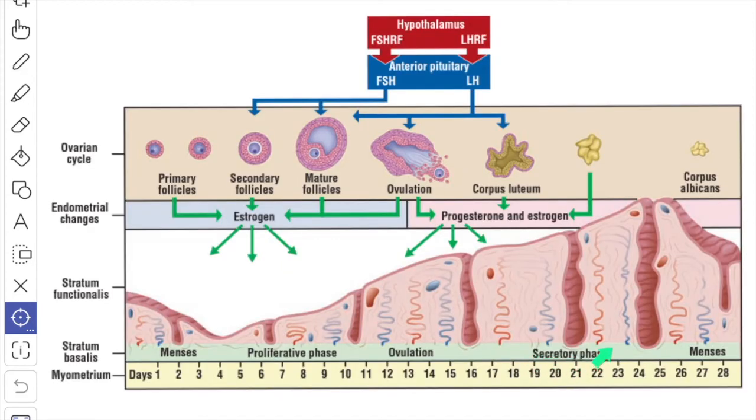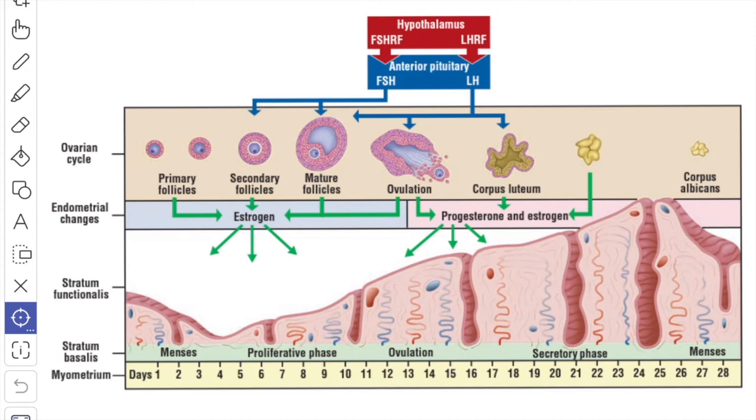Next we'll see about the secretory phase. The changes in this phase are due to the action of the progesterone and the estrogen of the corpus luteum. In this phase, it is characterized by the further growth of the endometrium, which may reach up to 5 to 7 millimeters in thickness, and the increase in the thickness is due to increased amount of tissue fluid in the stroma, accumulation of secretion within the glands, so that the glands are dilated and convoluted with their epithelial cells presenting a sawtooth appearance.